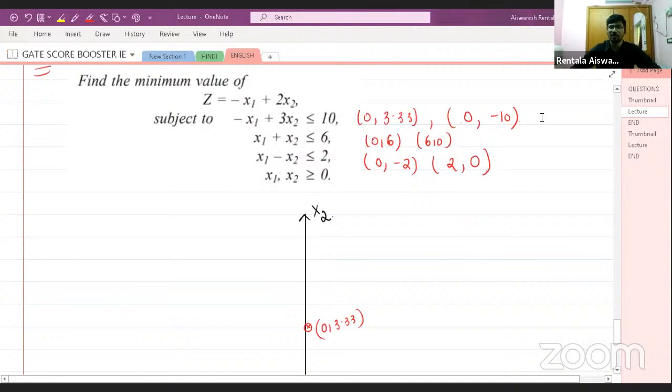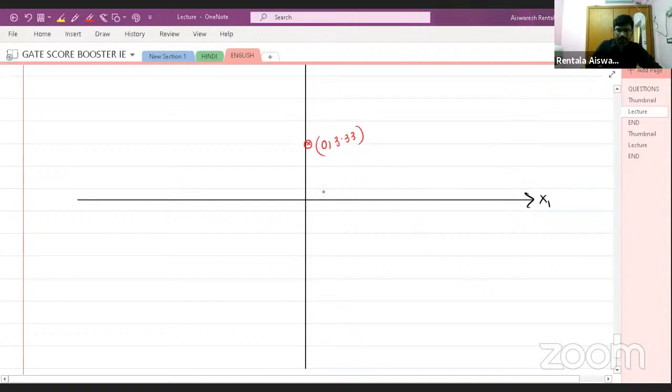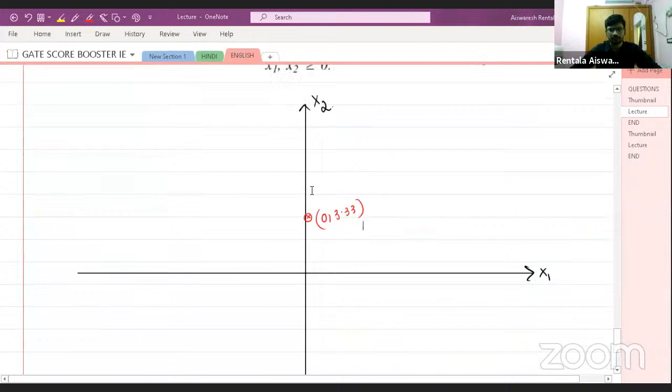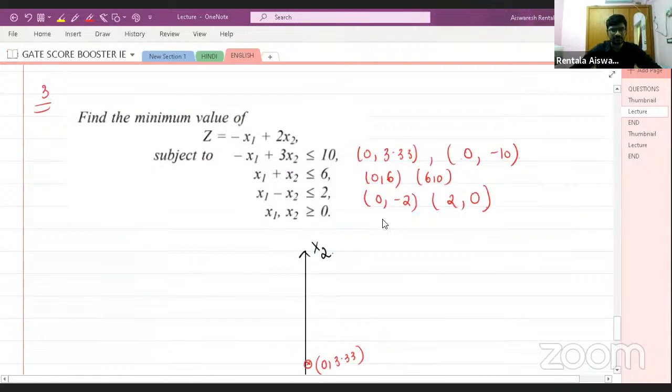One more point will be 0 comma minus 10. Sorry, I am so sorry, my mistake. I have made some mistake here. If I put x2 as 0, x1 will be minus 10.